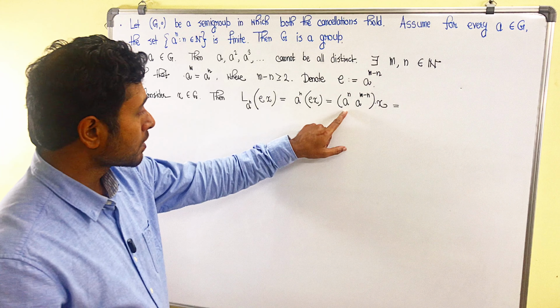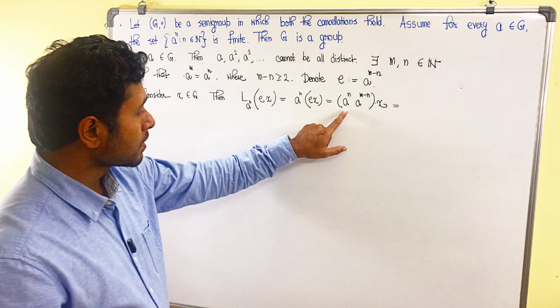And a to the power m is same as a to the power n, and therefore this is equal to a to the power n x. Now let's use that this function is injective, so Ex must be equal to x. So this implies Ex equals x, right?